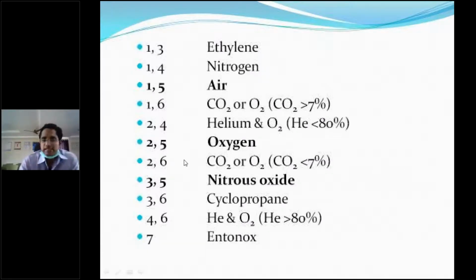Why was this pin index safety system introduced? It is kept in the machine to prevent wrong connection of anesthetic gas cylinders. For example, if I want to give oxygen to the patient, and an uneducated technician doesn't know which color stands for which cylinder and tries to attach a nitrous oxide cylinder to the oxygen port, he won't be able to mount it, because the numbering is 2 and 5 for oxygen and 3 and 5 for nitrous oxide.